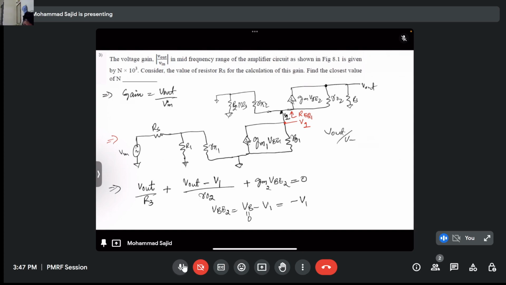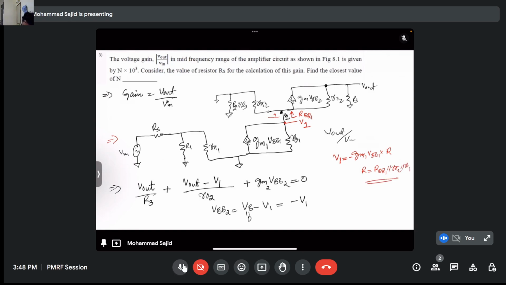Then we will have equivalent resistance from this upper part, and that will be in parallel to RO1. So then we can write V1 as GM1 VBE1 multiplied by R. This R will be R equivalent emitter Q1 parallel to R pi 2 parallel to RO1.